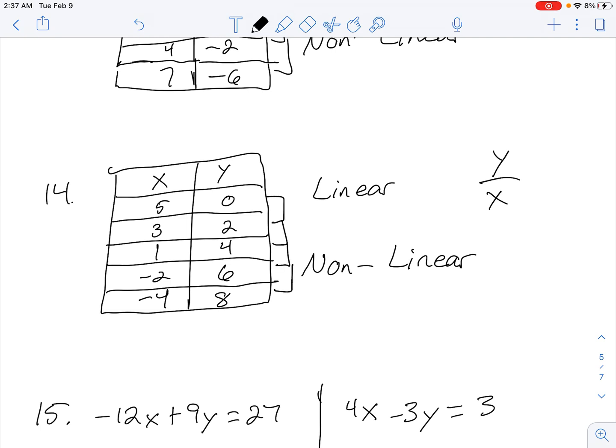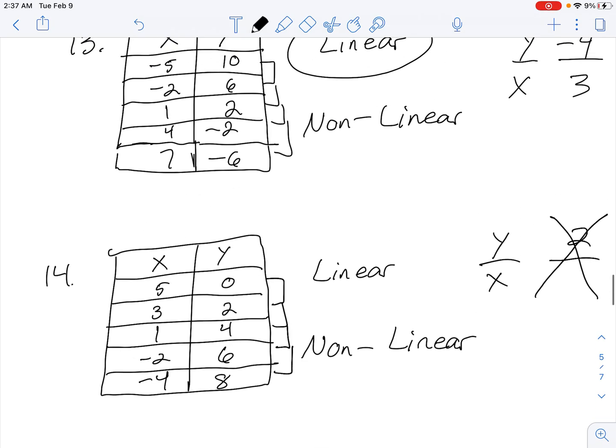So right here, that's up 2, up 2, up 2, up 2. That was pretty simple. So right here, number 14, 5 to 3 is down 2. 3 to 1 is down 2. 1 to negative 2, that's actually down 3. So we've got down 2, down 2, down 3.